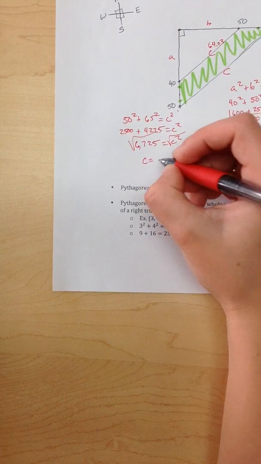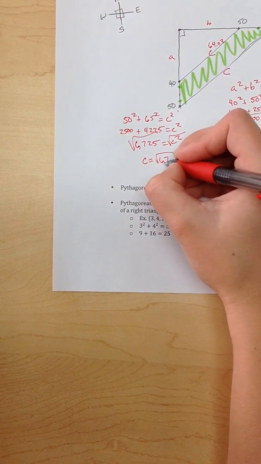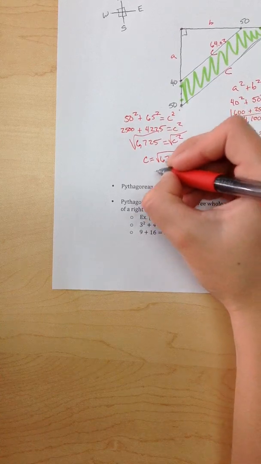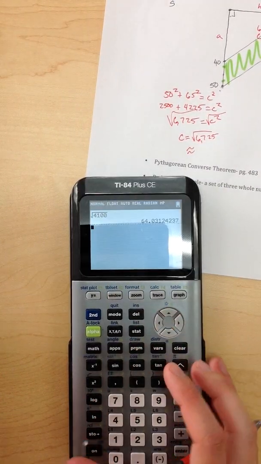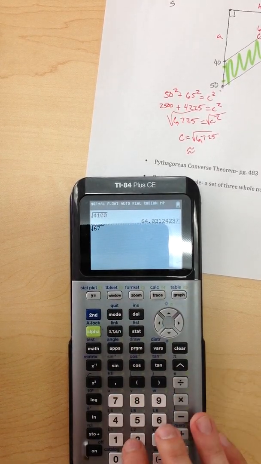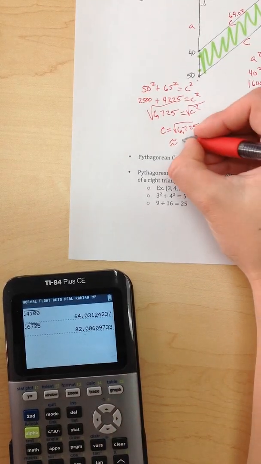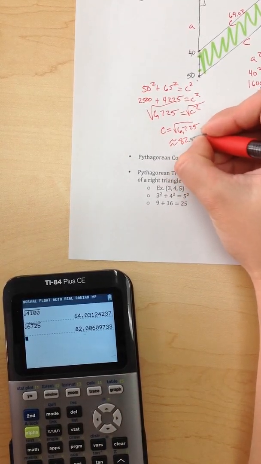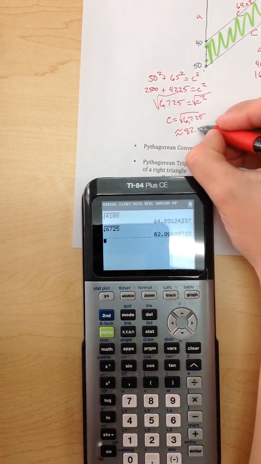So our C is equal to the square root of 6,725, or we could figure out our approximation on our calculator. The square root of 6,725 would be approximately 82.00, but if I look to the next digit, it's 6, which would round that up to 82.01.